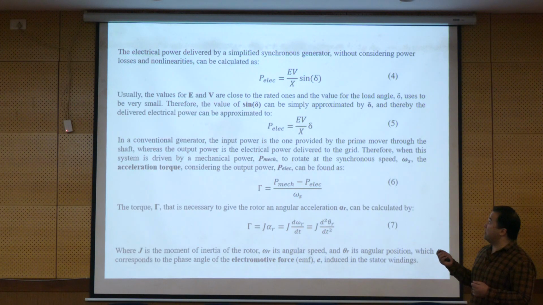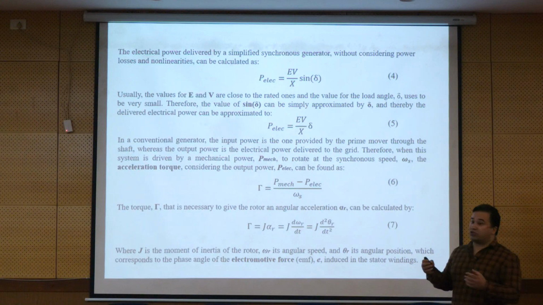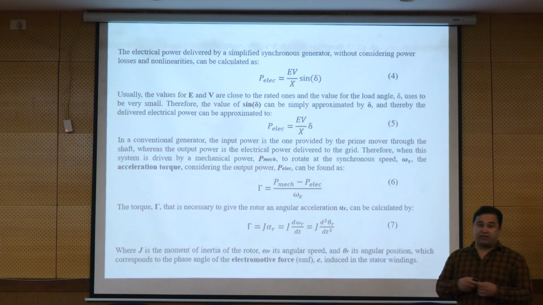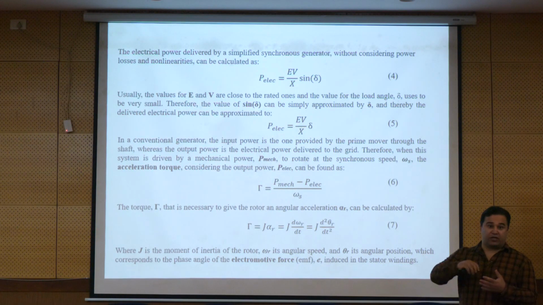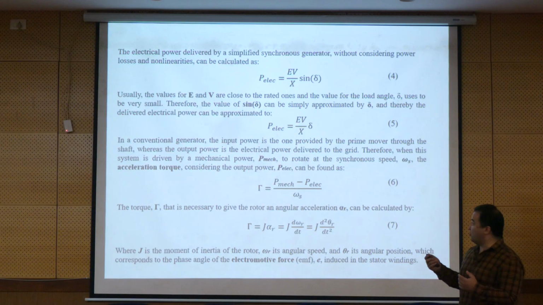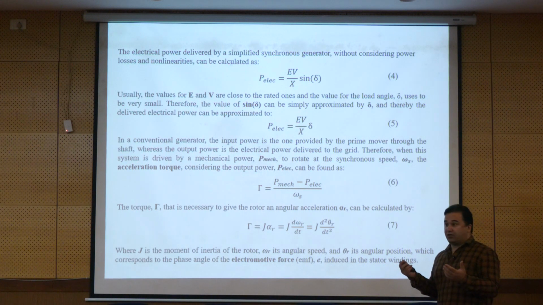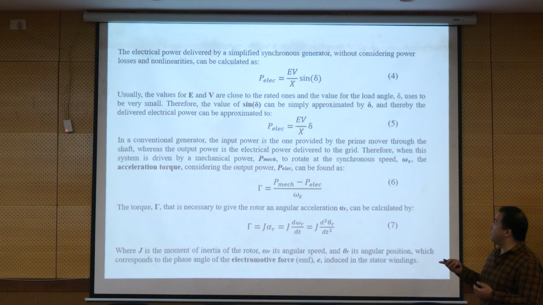So we said that in the synchronous generator, P mechanical minus P electrical over omega c is equal to the torque we provided. This torque also provides angular frequency for the rotor, where this acceleration is the derivative of the speed, and the derivative of the speed is also position, or theta. So by this, we just replace it in the model.